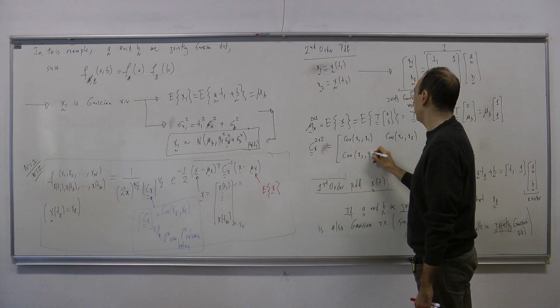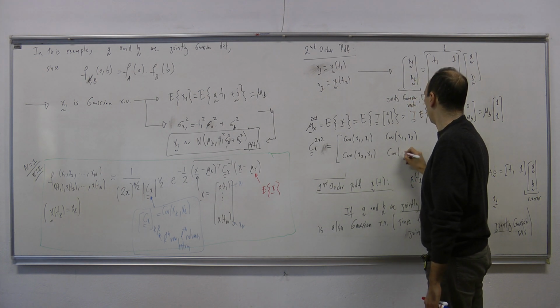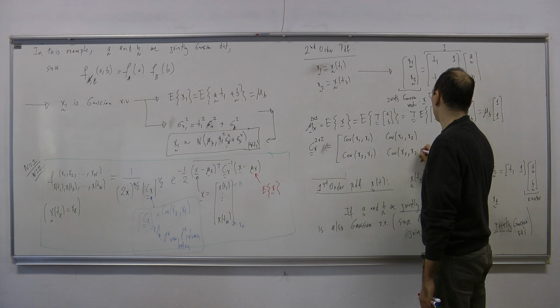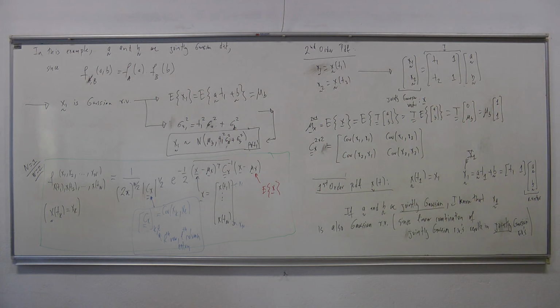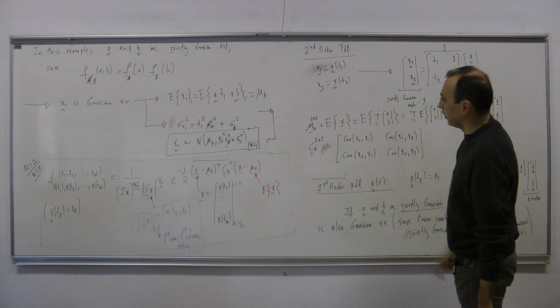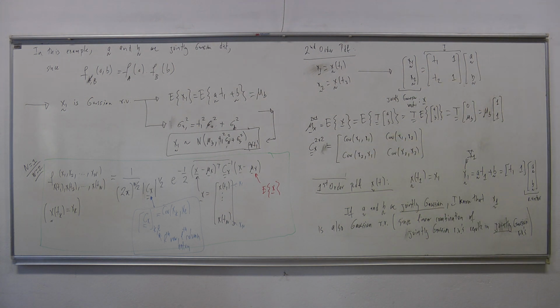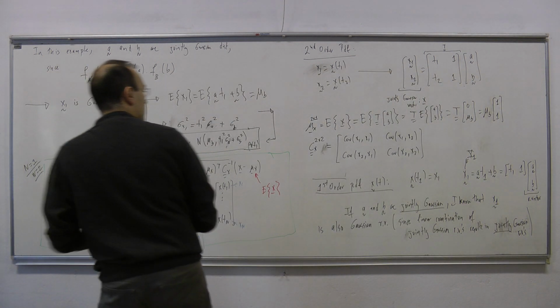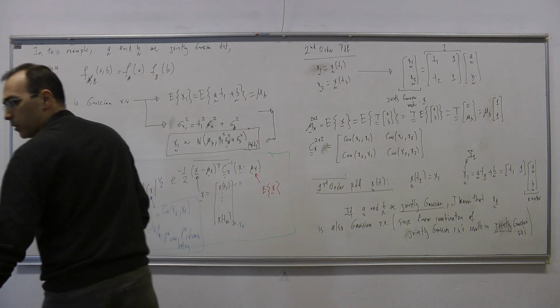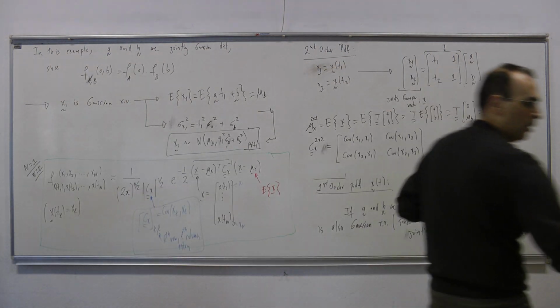Covariance of x2, x1. x2, x2. Because this is the definition of covariance matrix, as you see. Pairwise covariances are calculated. Now I have to calculate this one. So how can I calculate that?